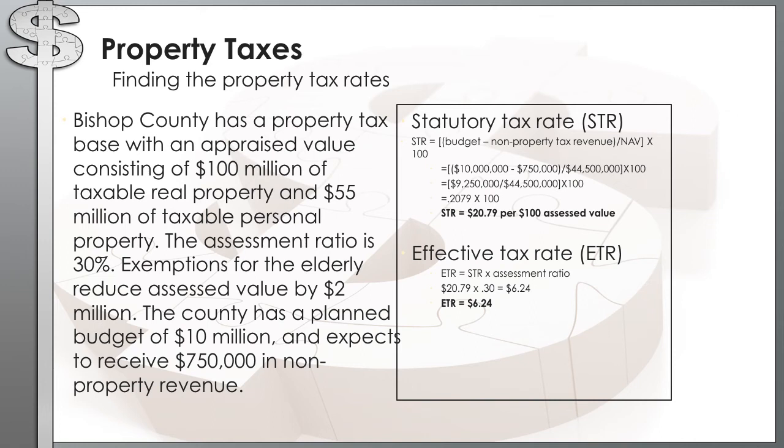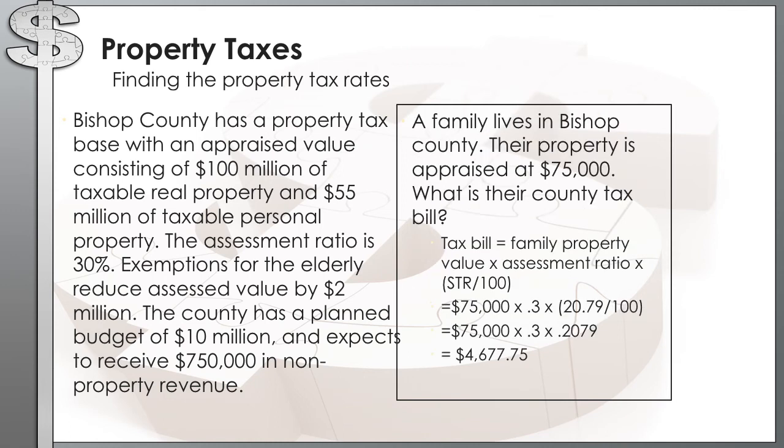Okay, so in reality, instead of paying $20.79, you're really paying $6.24 after the deductions and ratios have been applied. Okay. So now that we know what our statutory tax rate is and what our effective tax rate is, now let's figure out this family's tax rate, or what they're paying in taxes.